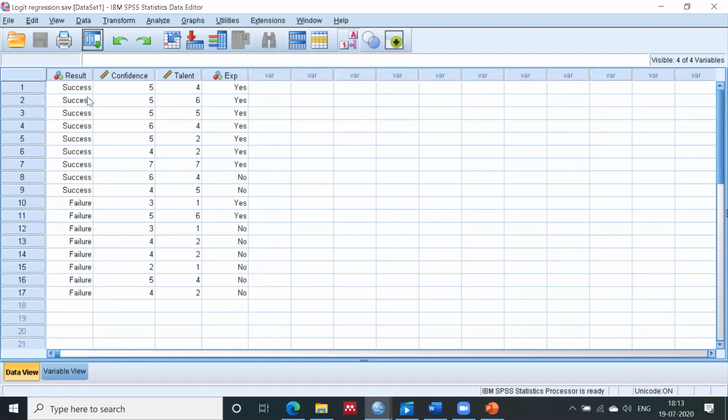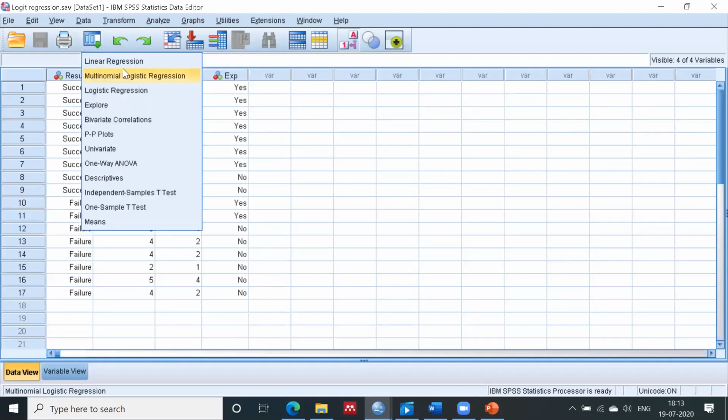I just took the file only for your understanding of logistic regression, because it is not the data for the questionnaire. For the questionnaire, I have to take all the data from demographic profile to socioeconomic profile and all other profiles also, right? So this is just the sample, or you can say dummy values. So don't confuse with this confidence and all these values.